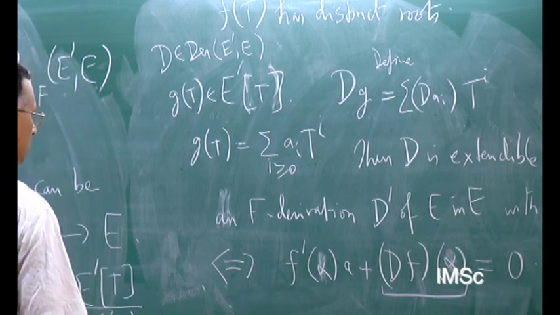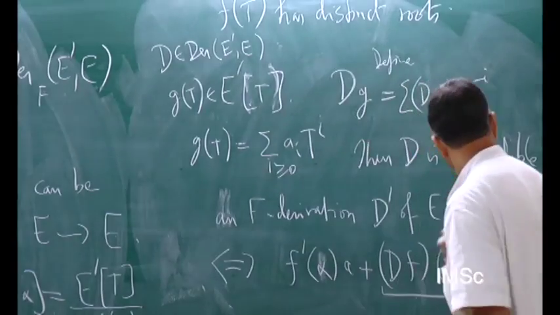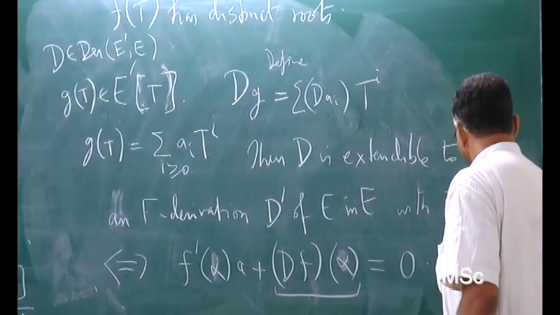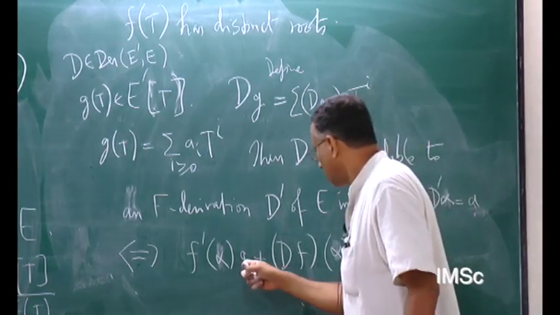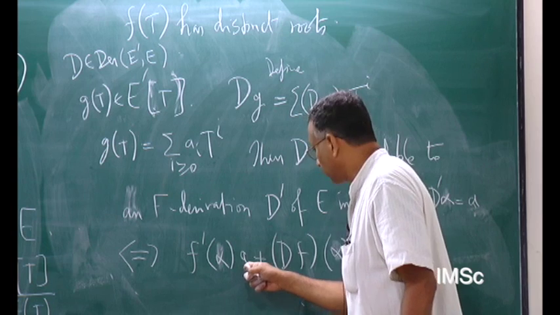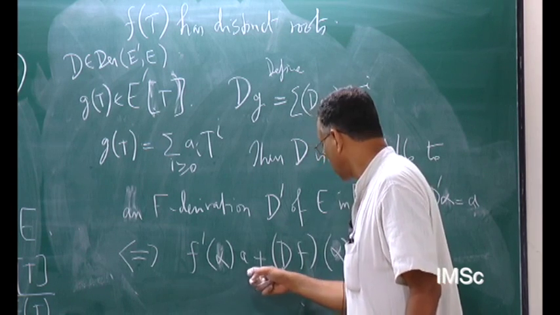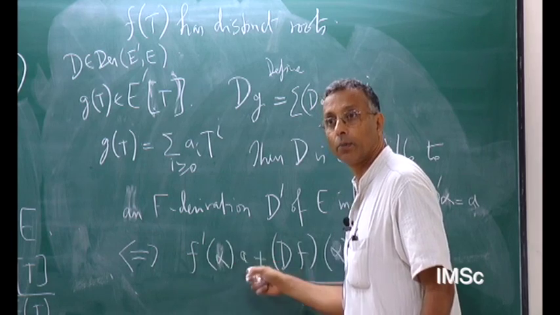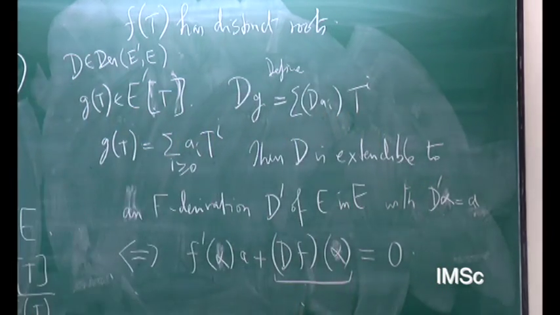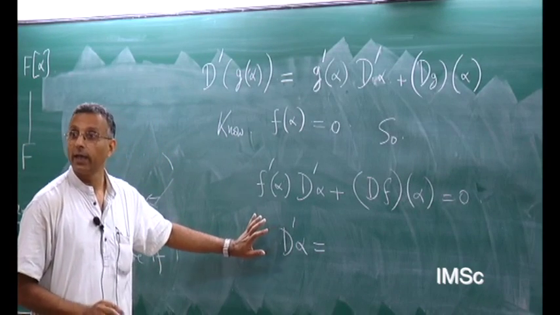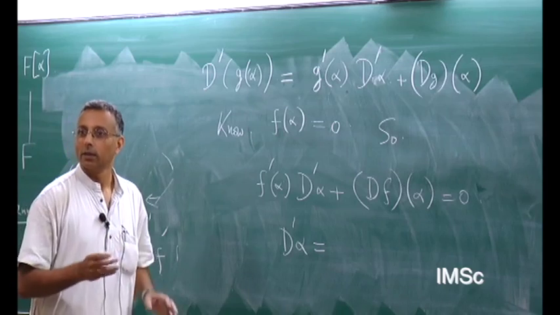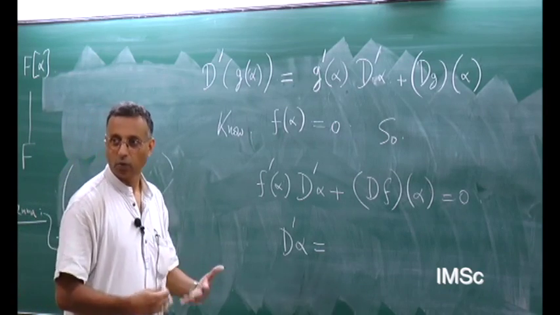Okay, the point is I have to solve for a, right? If I want to solve this equation for a, then I have to divide by f' alpha, and the point is f' alpha is non-zero. So d' alpha therefore has to be, so far we are only deriving a necessary condition. It should then be easy to check that it is sufficient.